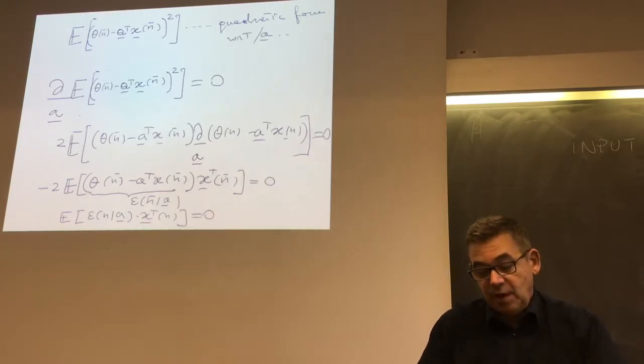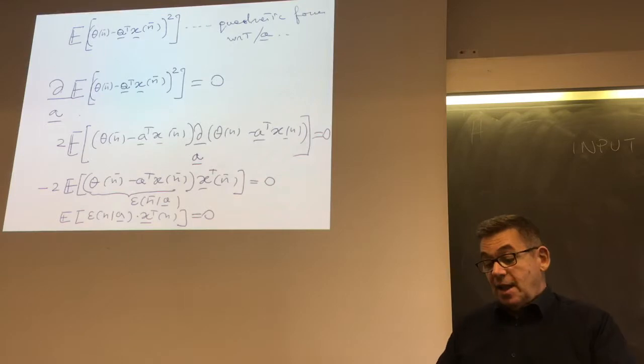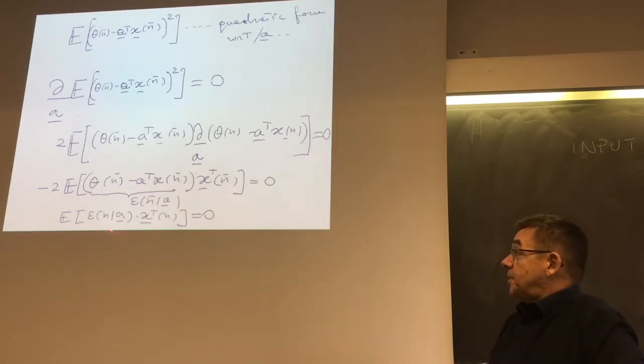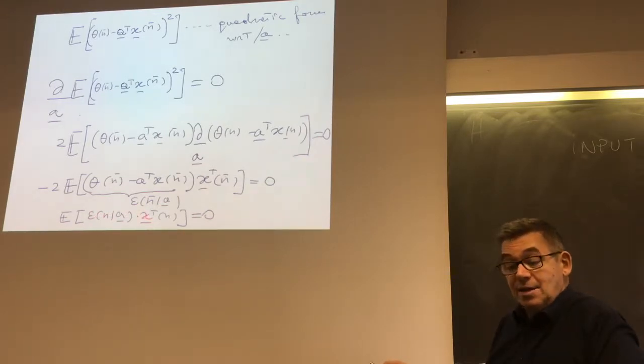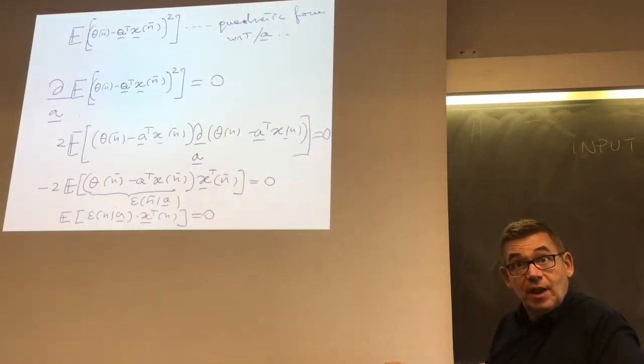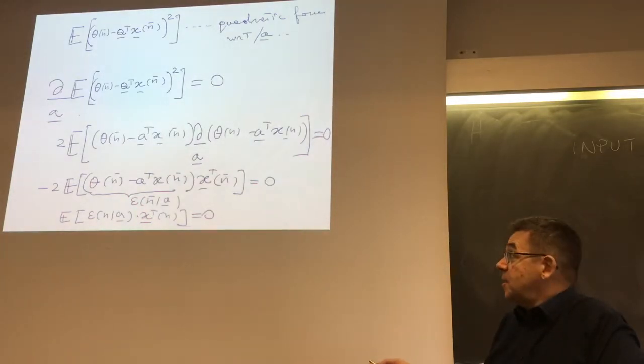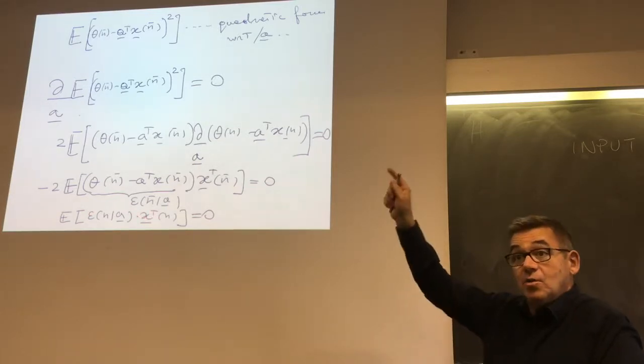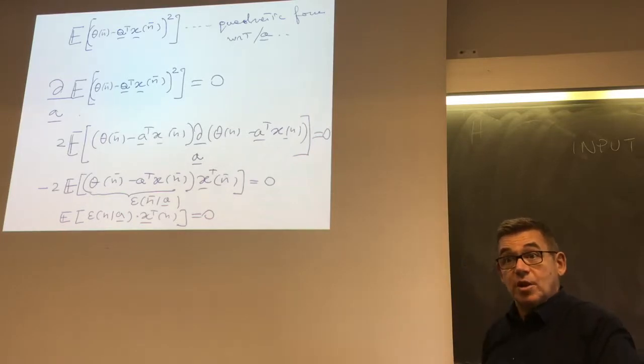equal to 0. So this says that the solution is obtained when the expectation of the product between the error and any value in the vector x is equal to 0. You can imagine here that I have x1, x2, x3, x4, x5.